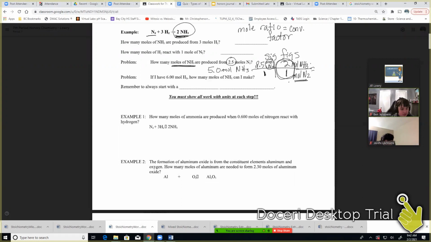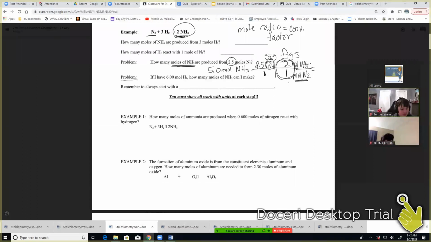And you have to use it in all stoichiometry calculations, because it's the step that moves you from your known, because in this case I had information about nitrogen, to your unknown, and my unknown in this case was my ammonia. And once again, you do have to worry about your sig figs.